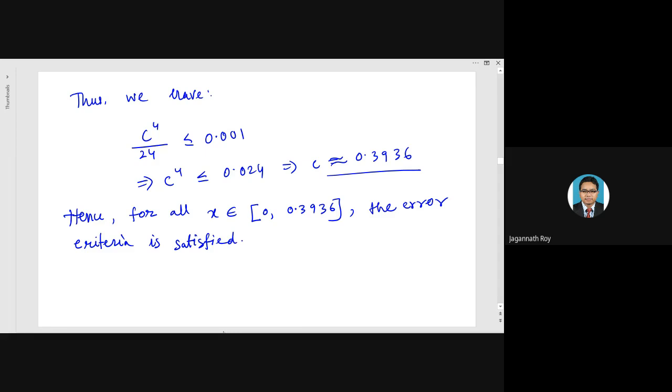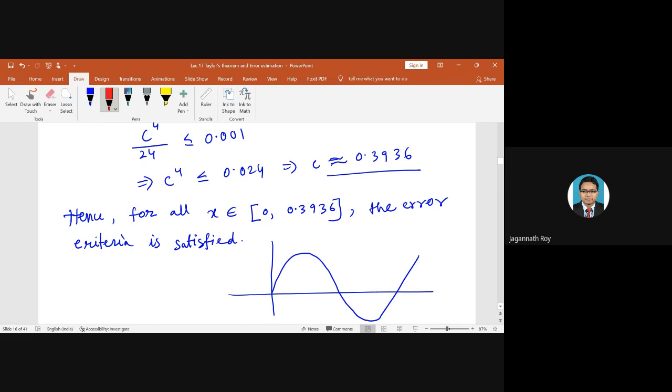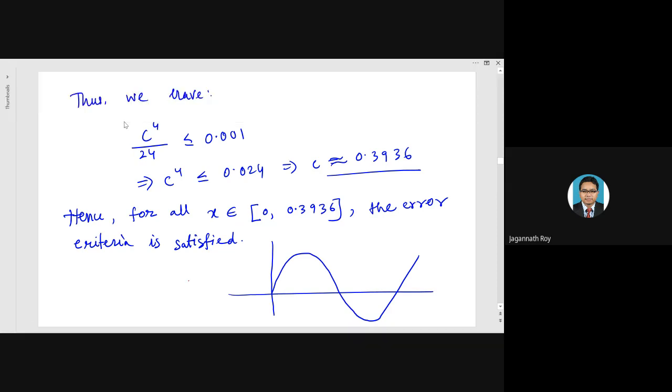Now the meaning is to take here. Okay. So the sine curve starts from 0 and goes up. And then you have a polynomial which is matching up to here. After this it goes away.